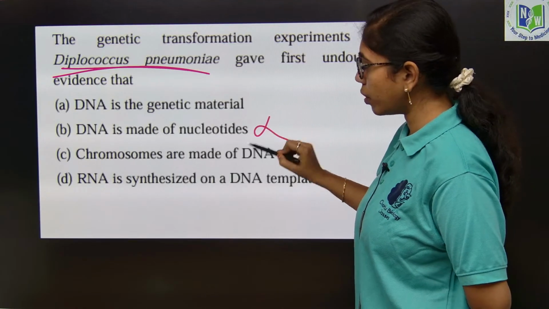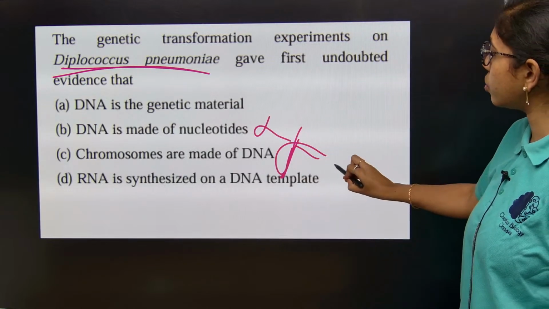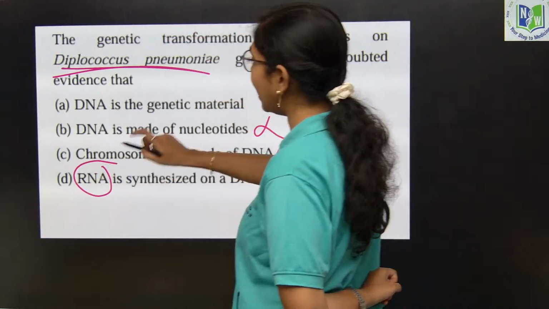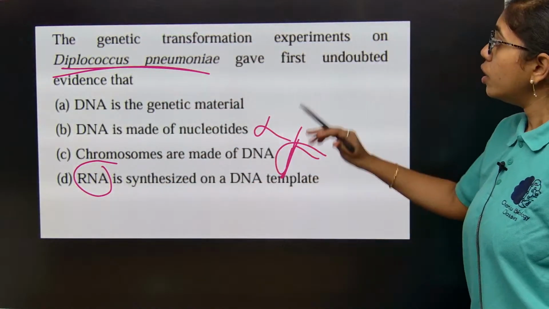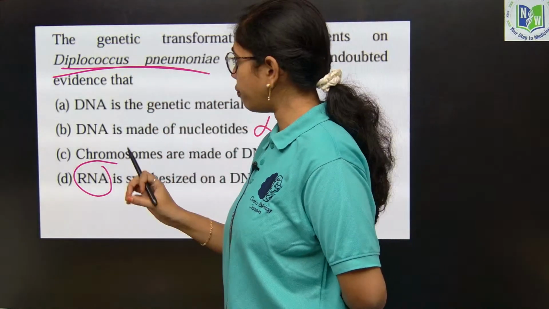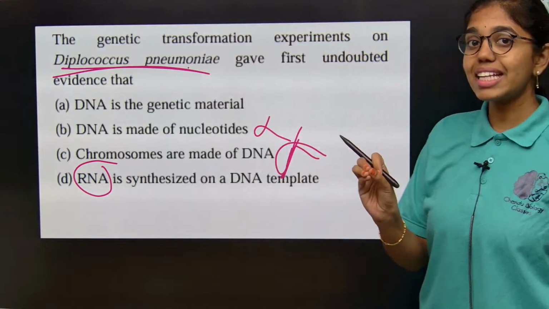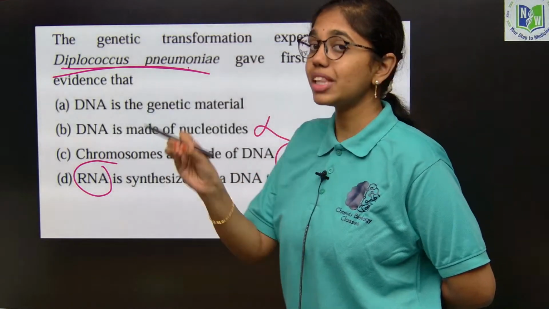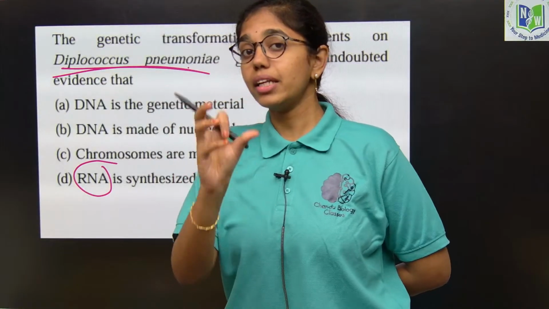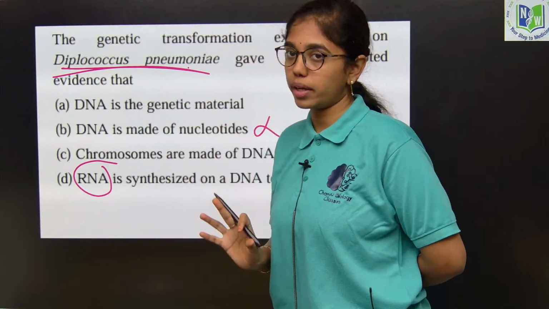There is no information about chromosomes and nothing about RNA in the transformation principle. Frederick Griffith, after experimenting with Diplococcus pneumoniae, said that some transforming principle is transferred from the heat killed strain to the R strain bacteria, making it virulent.